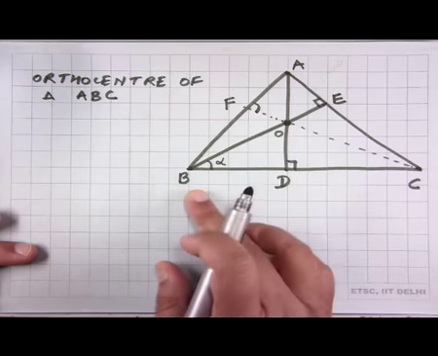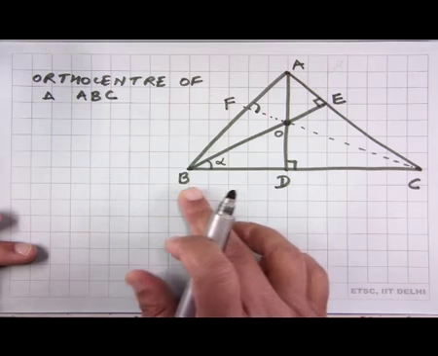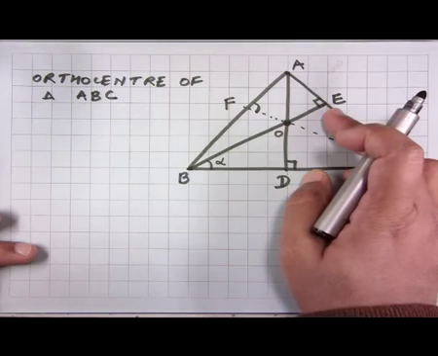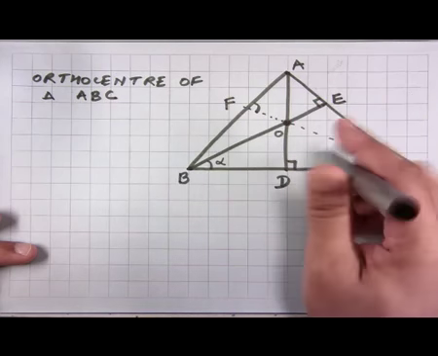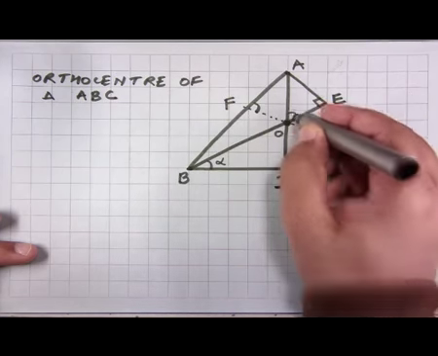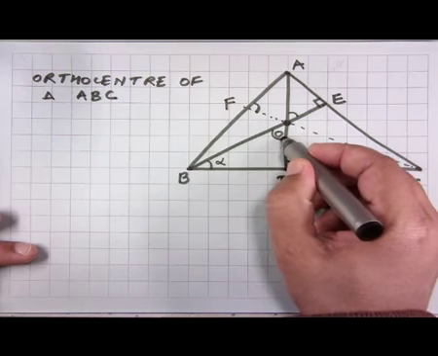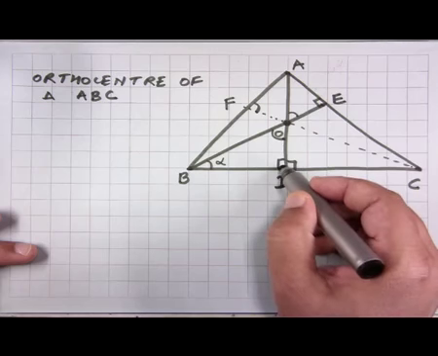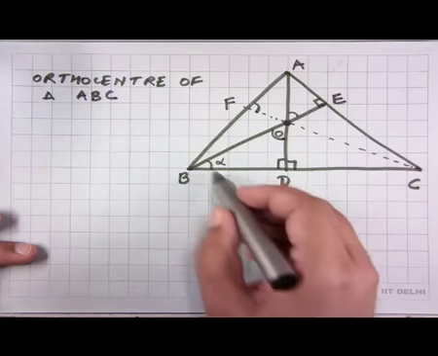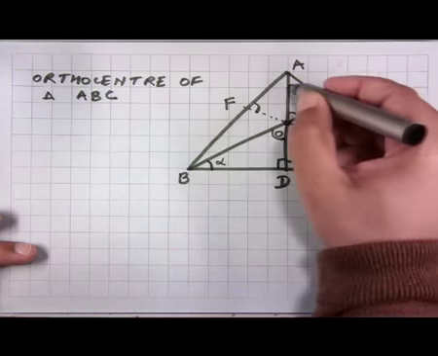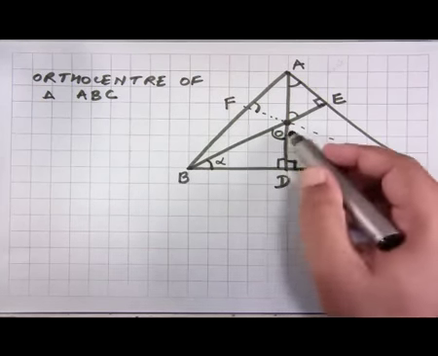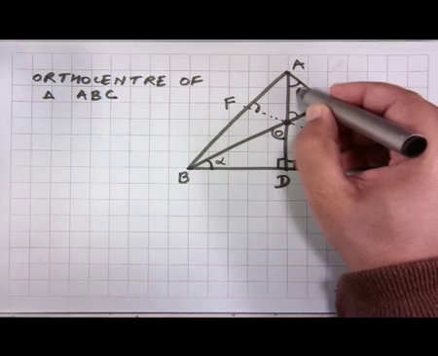And then if we look at these two triangles BDO and AOE, this angle is equal to this angle, and this angle is also the same as this angle, which is also 90 degrees, and therefore, this angle must be equal to this angle. Therefore, this angle also has to be alpha.